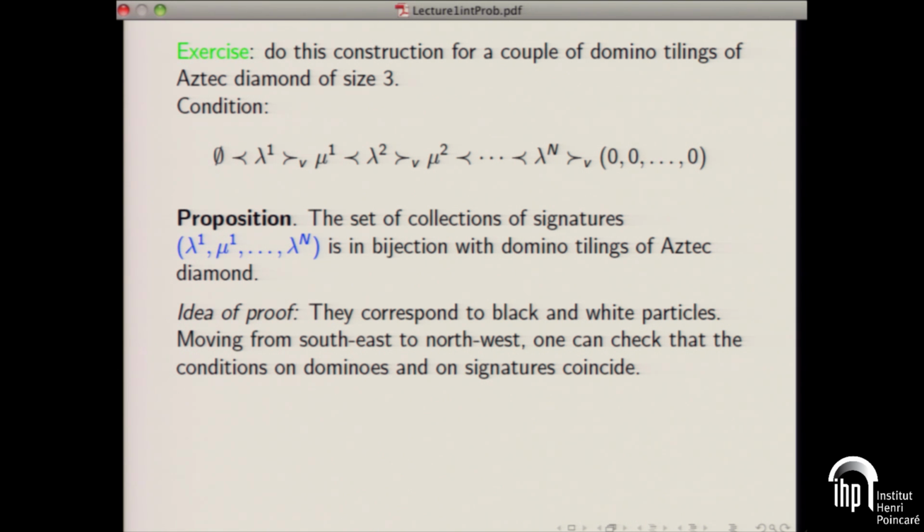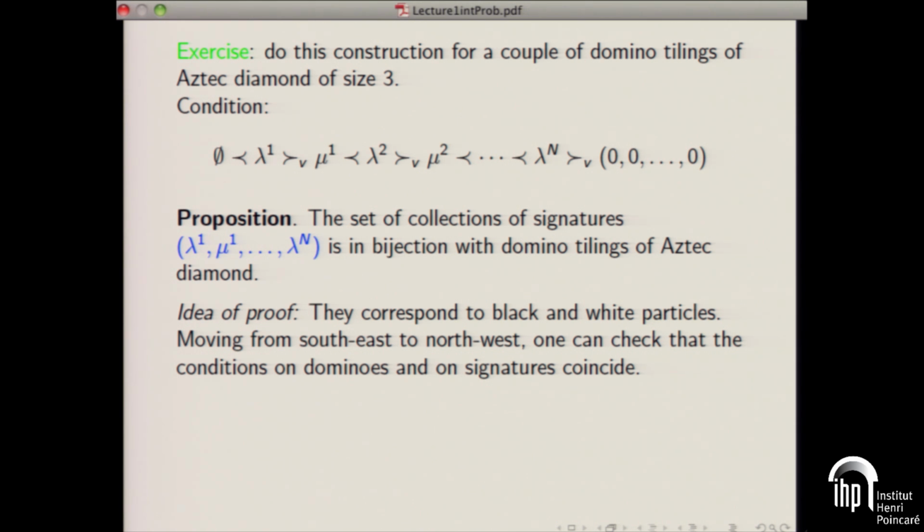And the proof is just the same. Moving from southeast to northwest, we check that we exactly have this interlacing and vertical interlacing conditions.